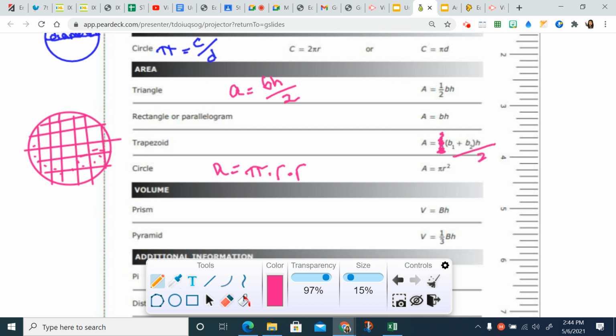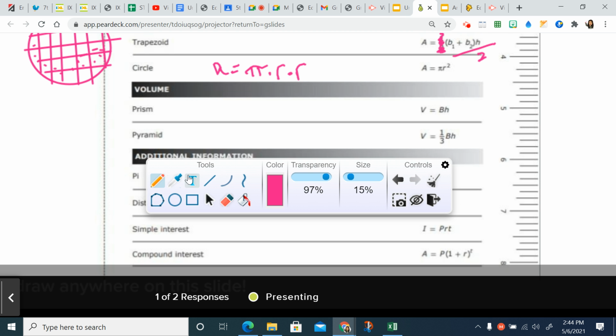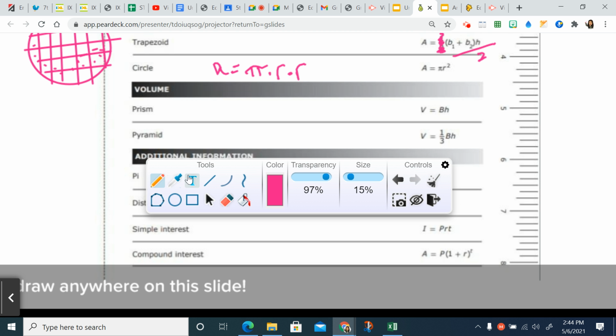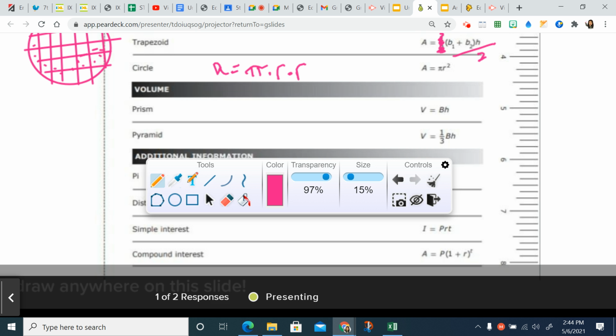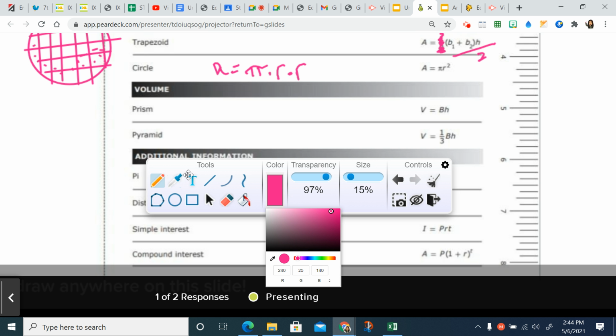Finally, we have volume. Remember that volume is how many cubes are inside a 3D shape. So now we're talking about a rectangular prism, a triangular prism, a rectangular or square pyramid, or a triangular pyramid. Both of them have big B. What does the capital B stand for? Base.